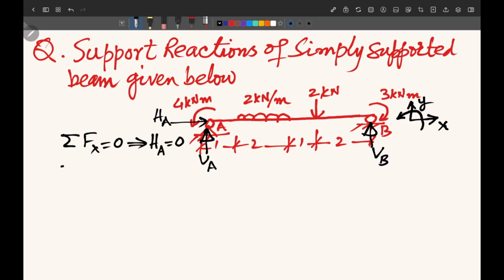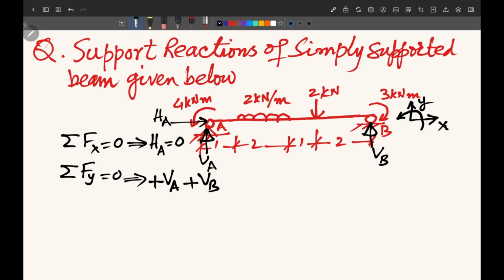Then we apply the second equation, sigma Fy equal to 0. In y direction there is VA, there is VB, there is UDL, and there is point load. So we write here plus VA because VA is acting upward, plus VB, that is also upward, and this 2 kilonewton per meter UDL. Now this UDL is acting for 2 meter, and the intensity of UDL is 2 kilonewton per meter.